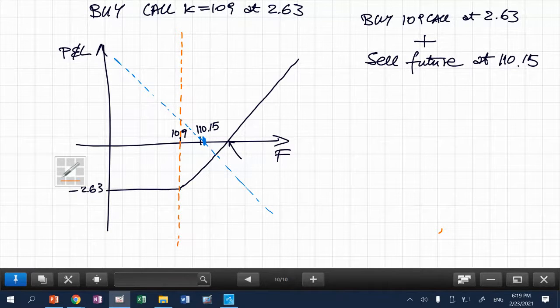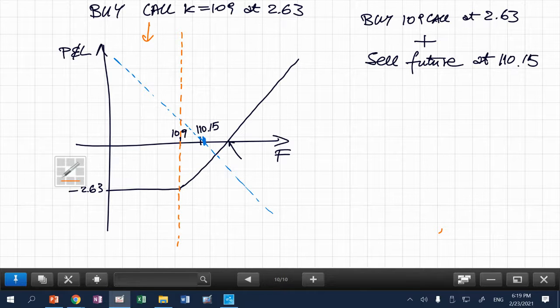First of all, below 109, you make money on the short future, okay? But at the same time, you have purchased the call option. Has it been a good idea to purchase the call option if you end up below 109? No.